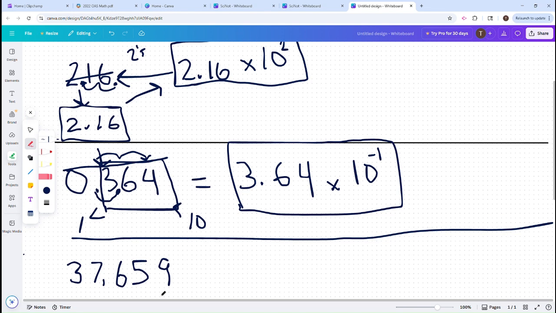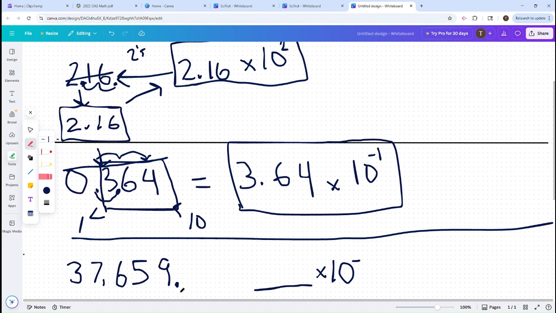And remember, the number of spaces you move the decimal is the B, but in this instance, we're moving it to the left, so the B is going to be positive. So I'm just going to put times 10 here. When we get this number between 1 and 10, we're going to put it right there. When we find out how many spaces we move the decimal, that's in the back of the number, we're going to put it right here.